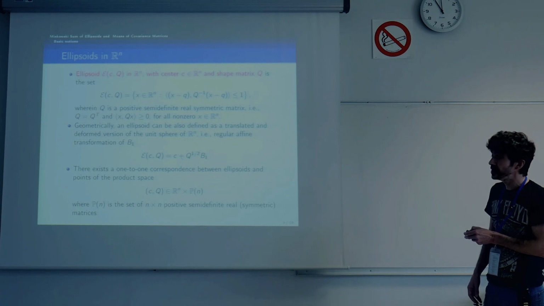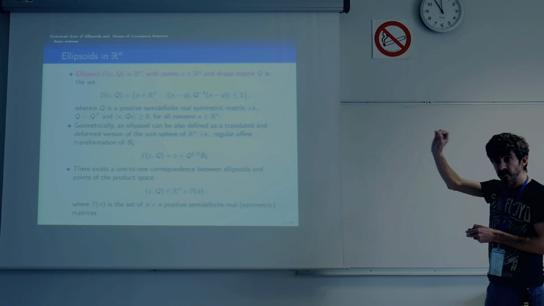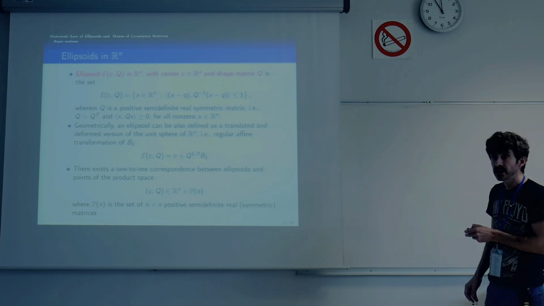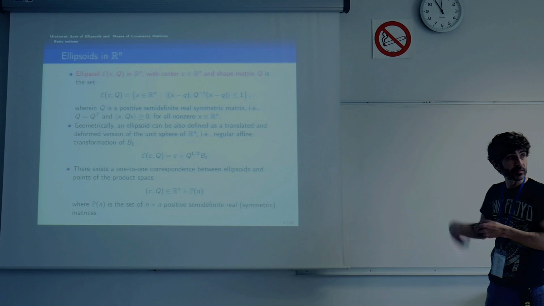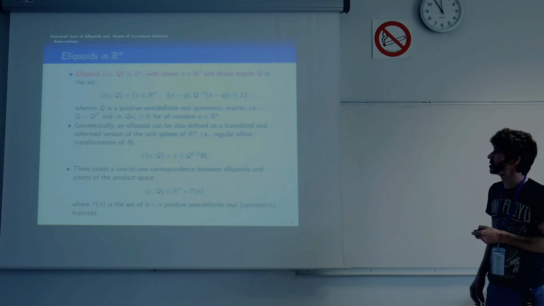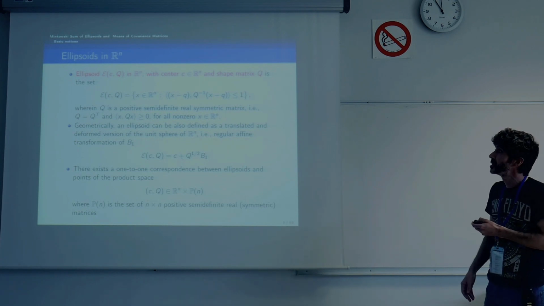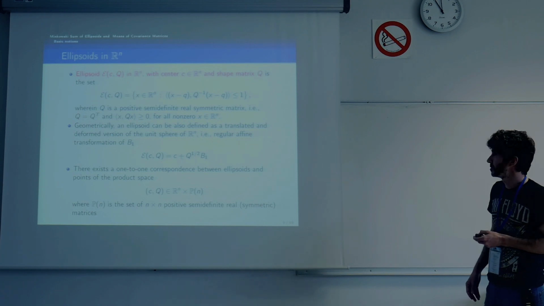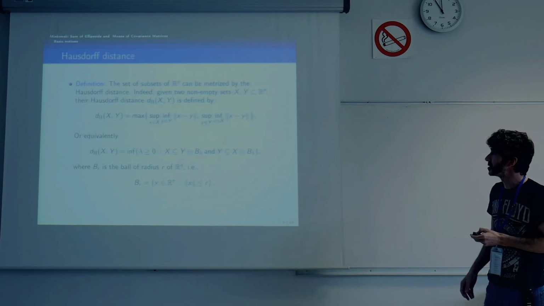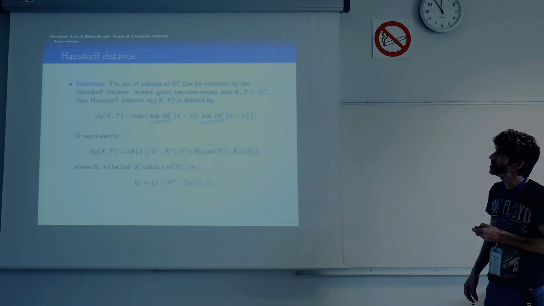C here is the center, the vector with the position of the ellipsoid, and Q is the shape matrix defining the shape of it, which is a positive semi-definite real symmetric matrix.